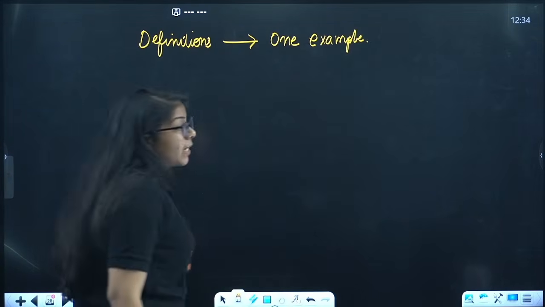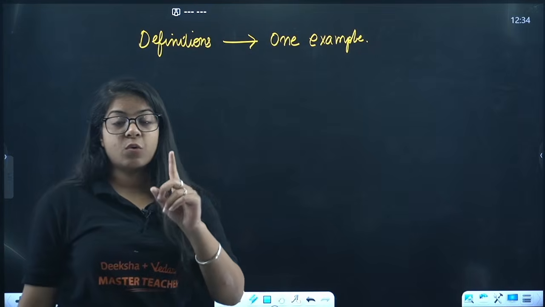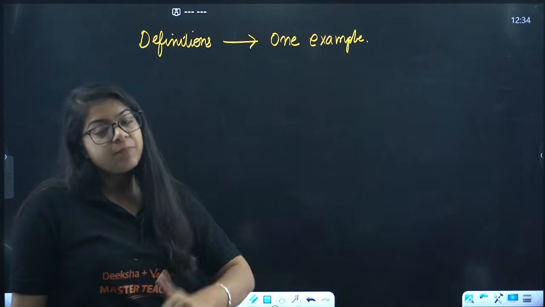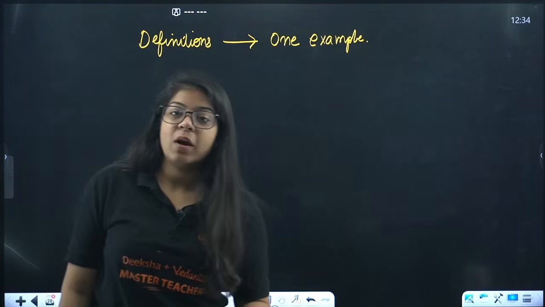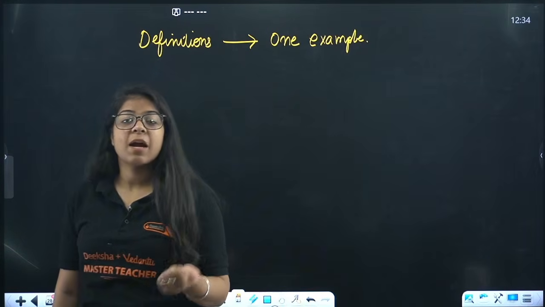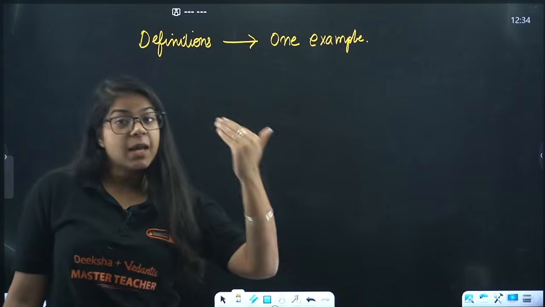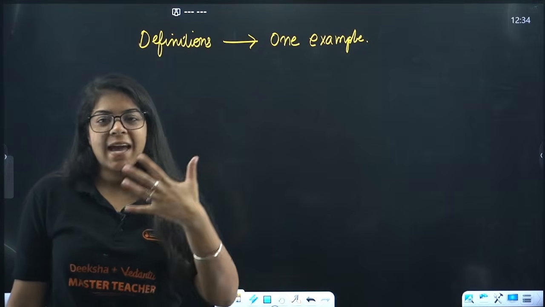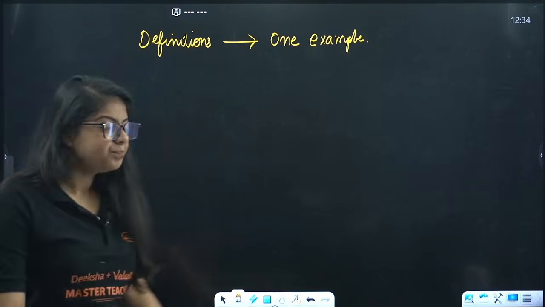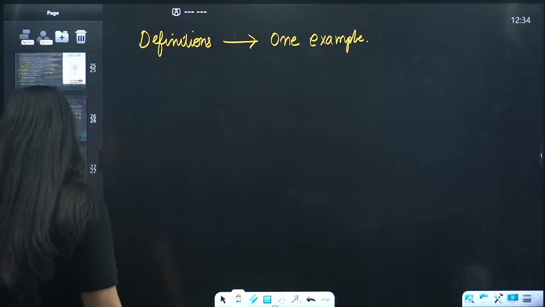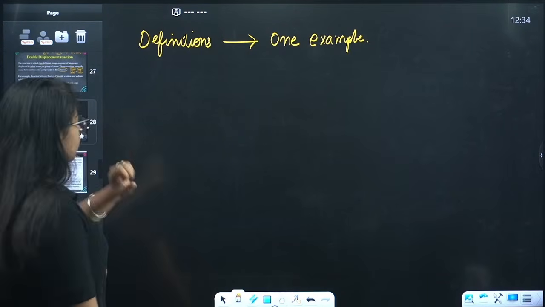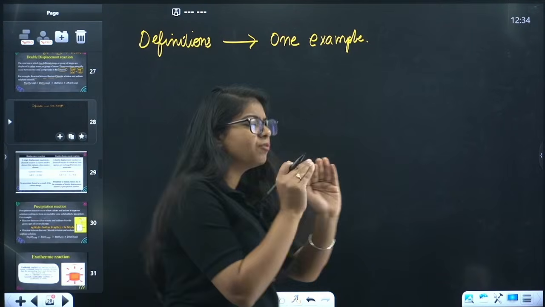In combination reaction, those questions we studied are very important: quicklime with water, and magnesium with air gives magnesium oxide. Quicklime with water gives slaked lime, plus heat as well. Done. So these are the main 4 reactions of this particular chapter.